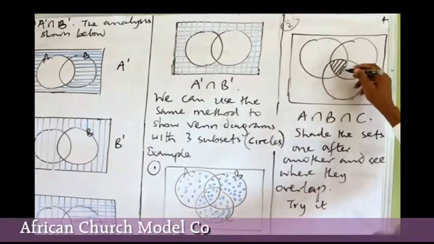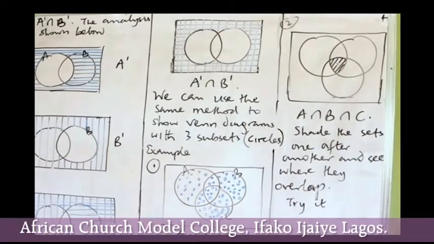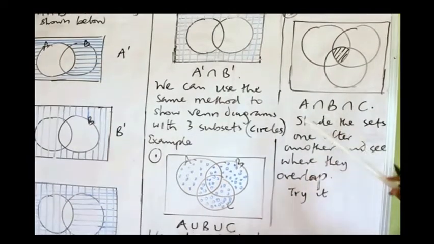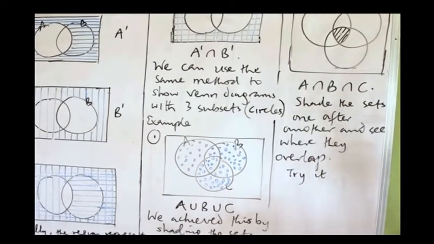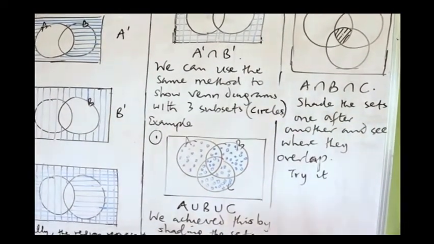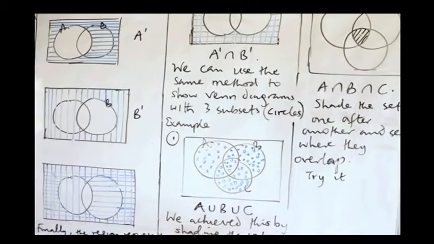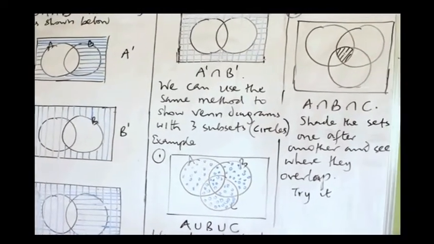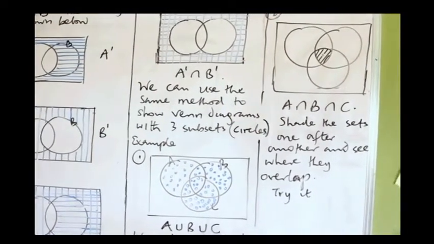If you do it very well, you are going to get this, which represents A intersection B intersection C. You can go on like that by trying other set combinations. And that is all for this.